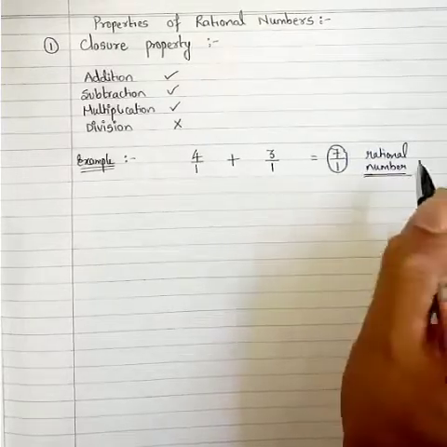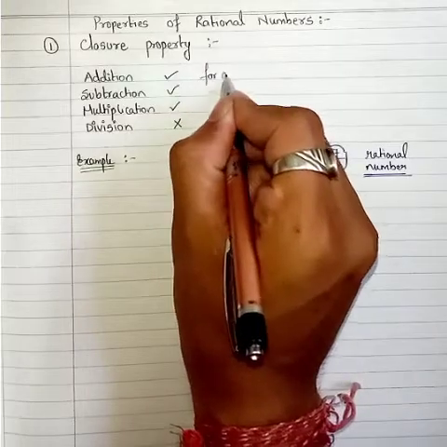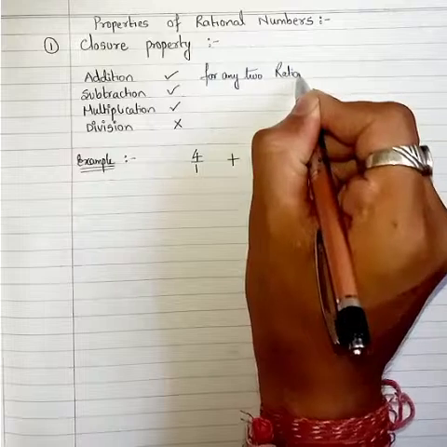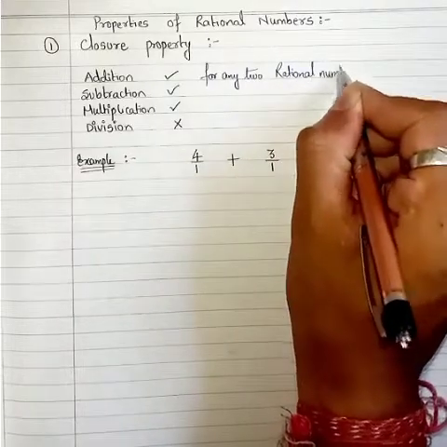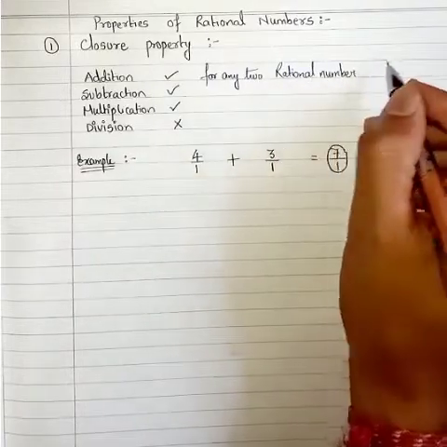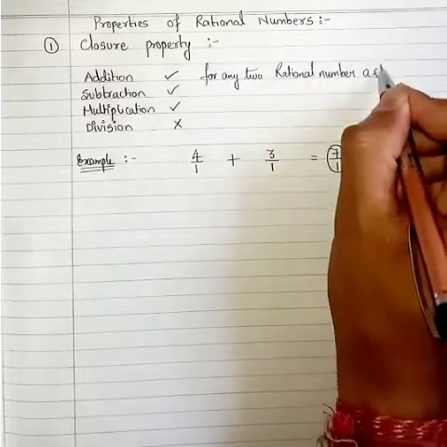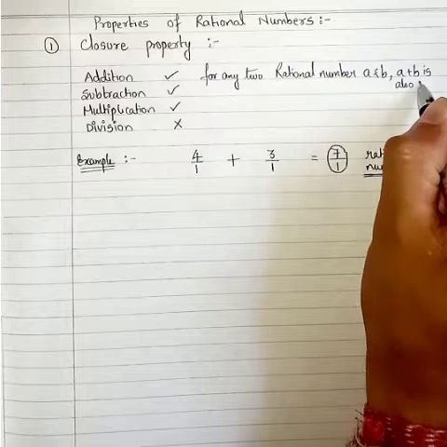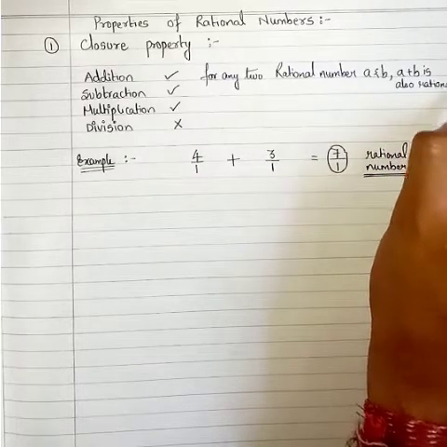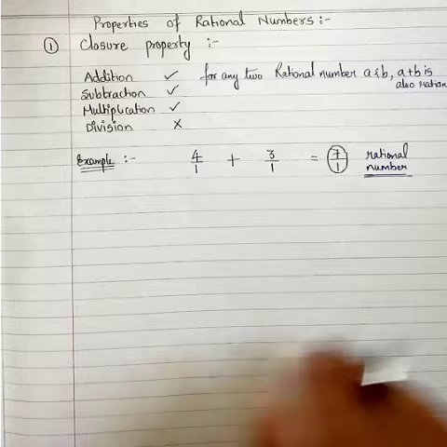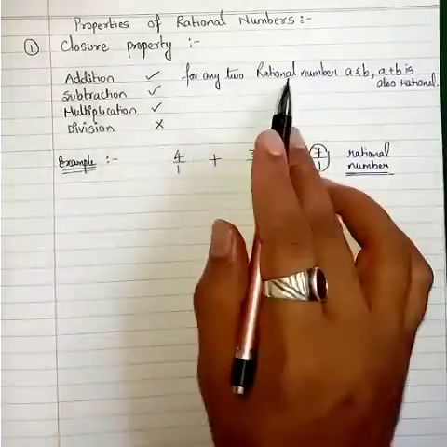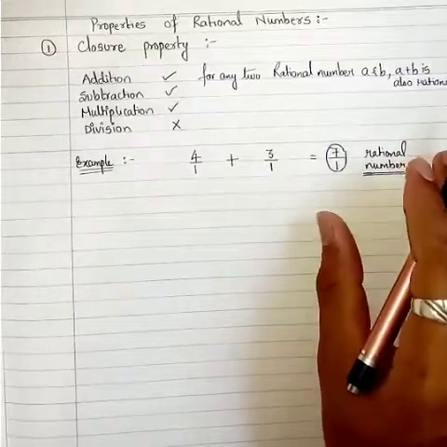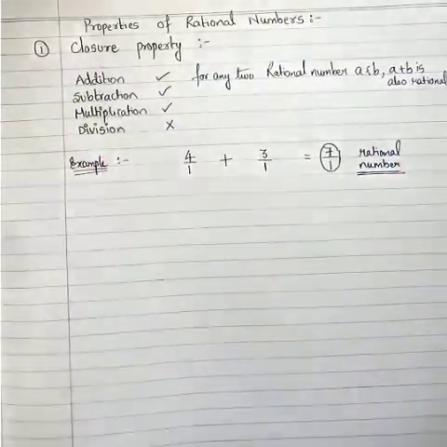and thus I can say that for any two rational numbers a and b, a plus b is also rational. Clear? And similarly we will check for subtraction.